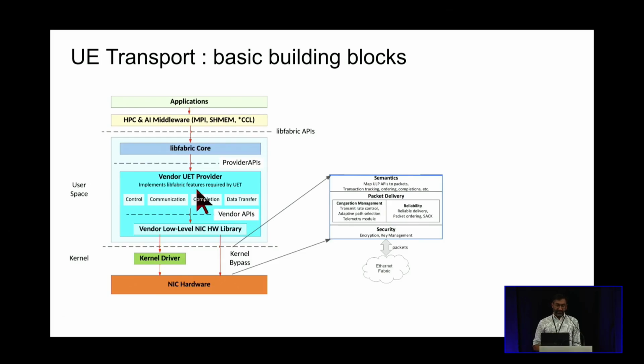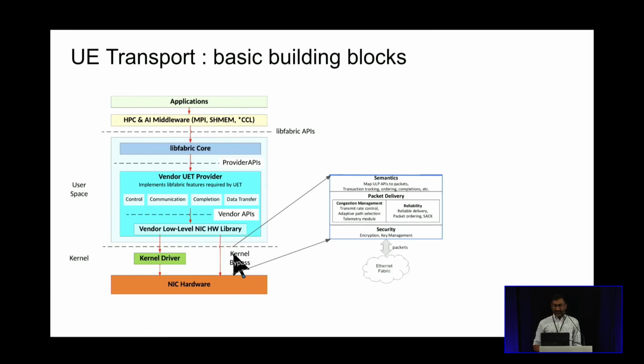Underneath that, you have the vendor UET provider, which has all of the standard components that you can imagine: control, communication, completion, and the actual data transfer operations. And needless to say, there's a kernel driver which gives you the ability to control, set up, and have authoritative control over the objects, and a data path that allows you to go direct and interact with the hardware, such that, like David Ahern was saying earlier, if you really need performance, you need to get software out of the way.